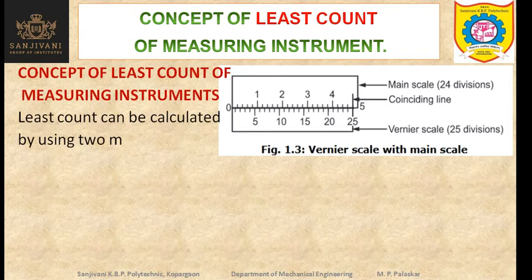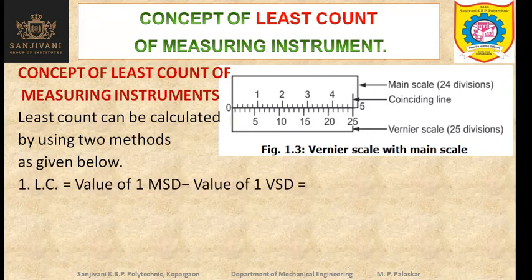So least count can be calculated by using two methods. The first: value of one main scale division minus value of one vernier scale division. Least count LC is equal to the value of one main scale division minus the value of one vernier scale division.